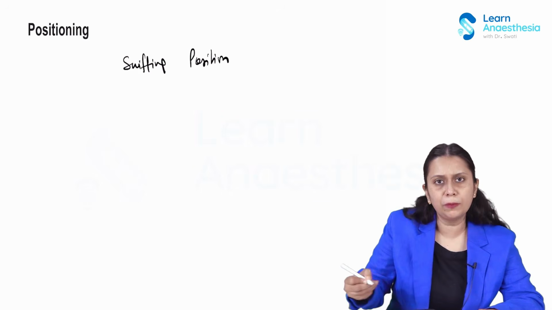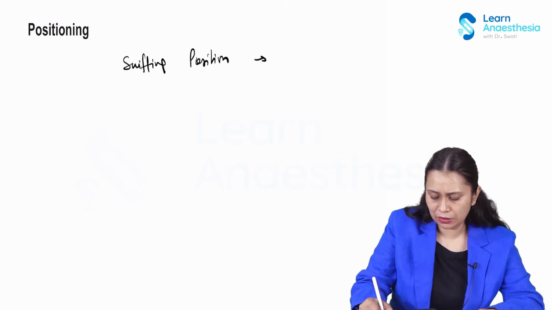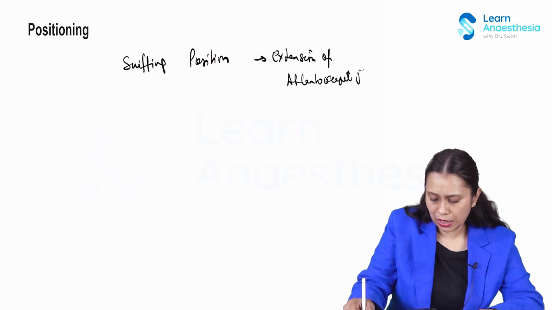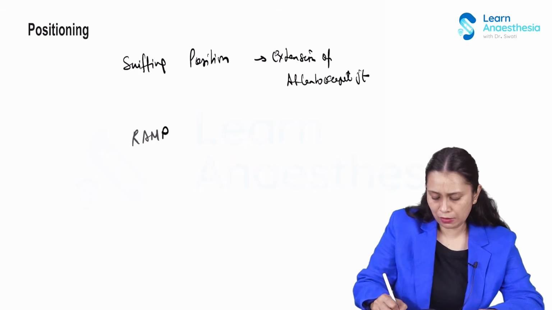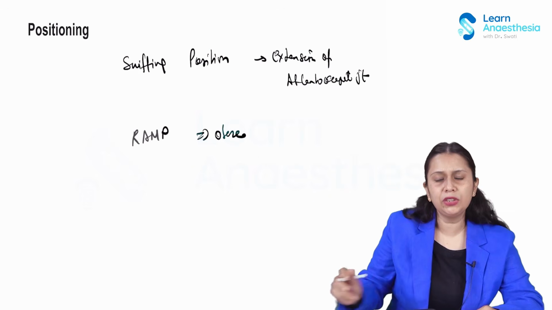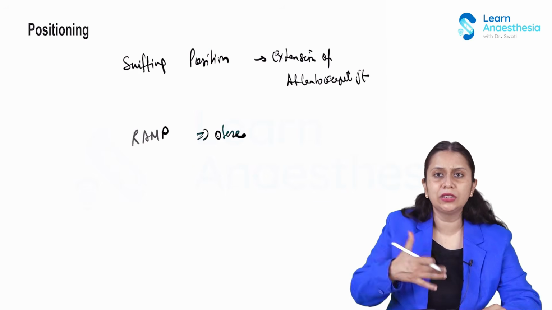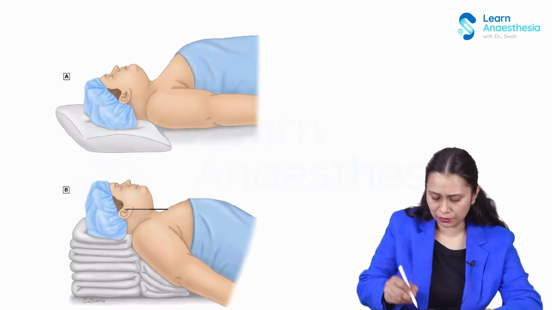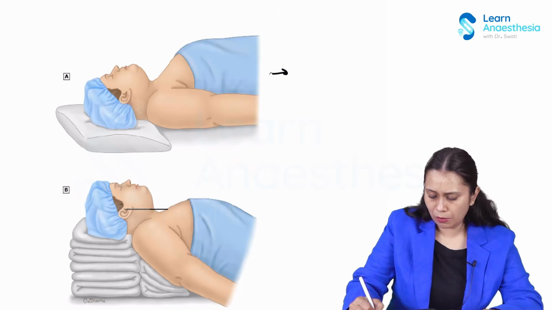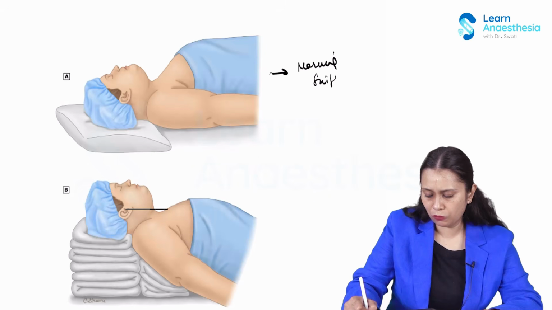The atlanto-occipital joint is extended, right? And ramp position in case of the obese patient. In the obese patient, the external auditory meatus and the sternal angle should be in the same line. So this is the sniffing position, and this is what we practice routinely.